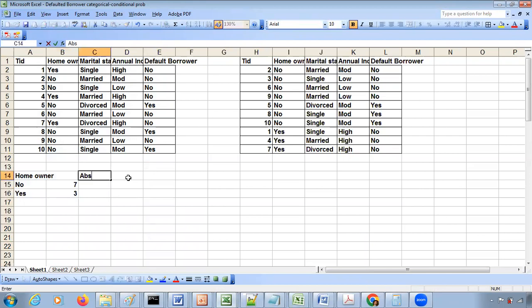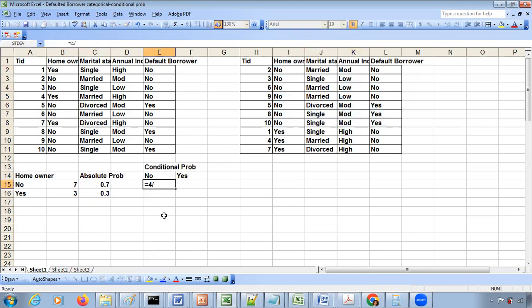So the absolute probability is going to be 7 over 10 and 3 over 10. So now we go to the conditional probability. Out of the 7 no records, we have 4 class no and 3 class yes.